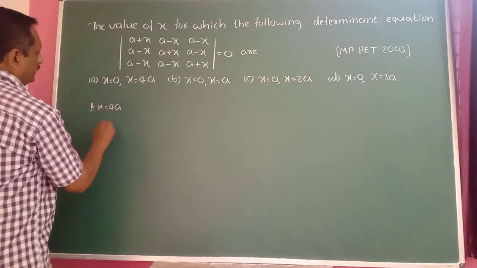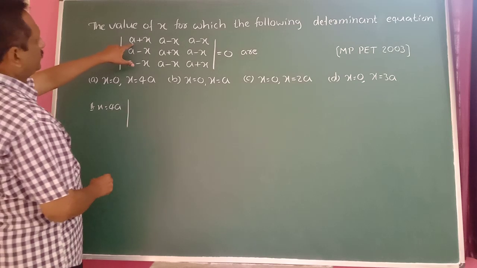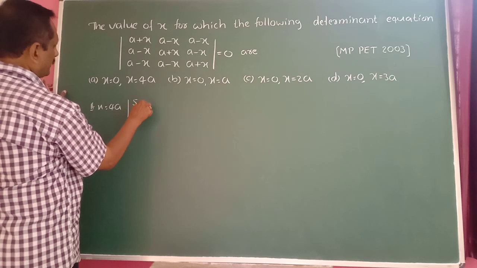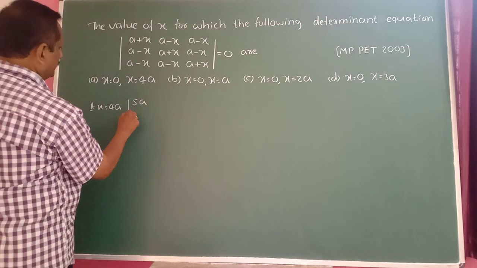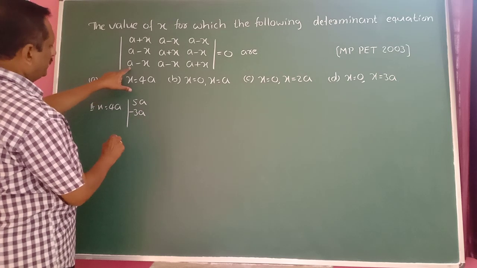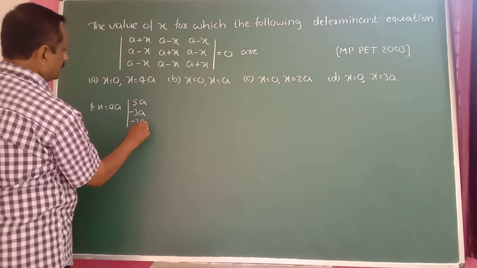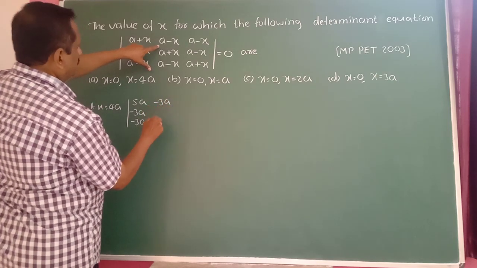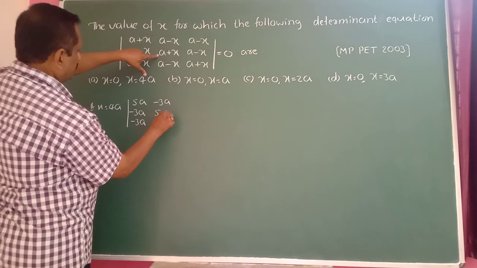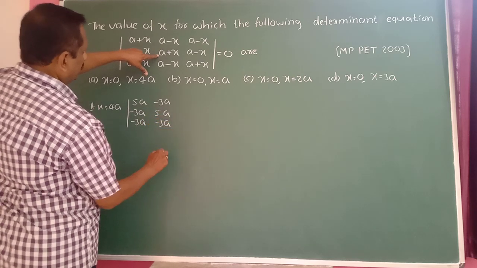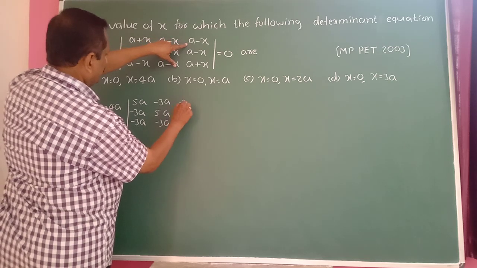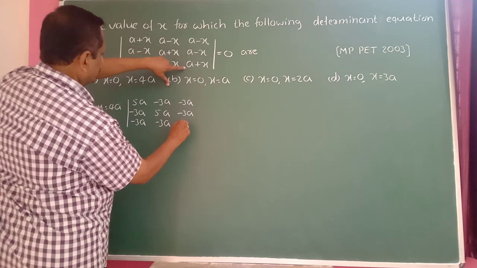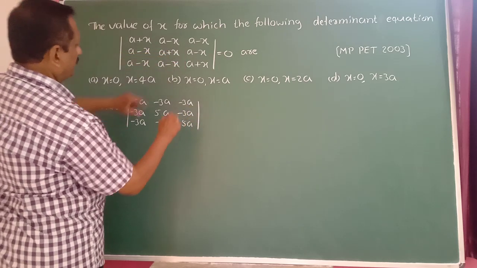If x equal to 4a, in that case put x equal to 4a: a plus 4a becomes 5a. Then a minus 4a is minus 3a. Again a minus 4a is minus 3a. Then 5a, minus 3a, then minus 3a, and 5a.